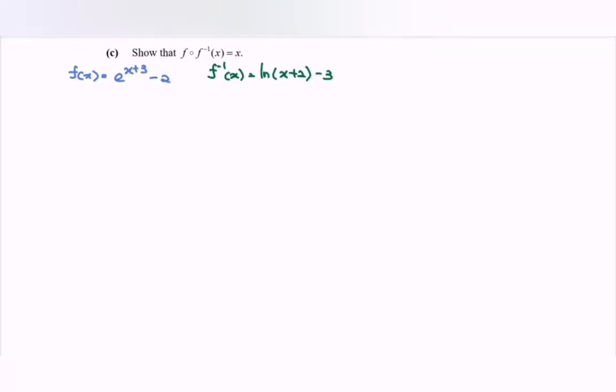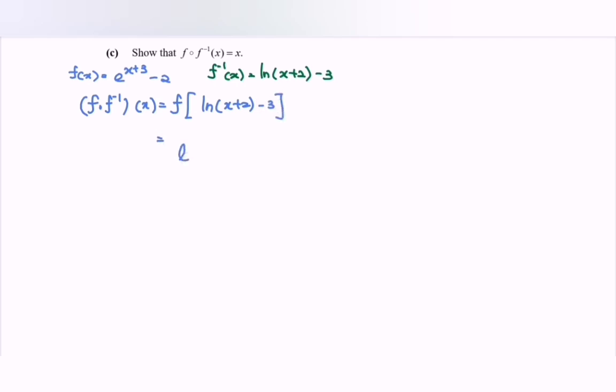Continue for C. Show that f of f inverse equals x. So for f of f inverse, we have f of ln(x plus 2) minus 3. Substitute into f.